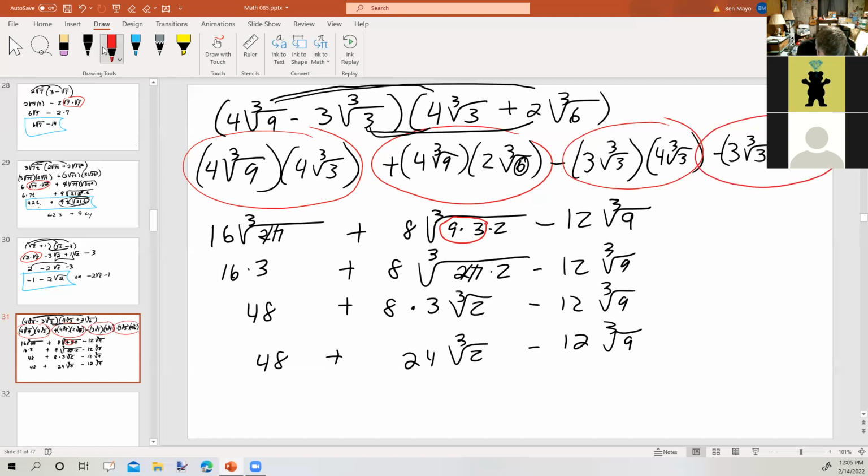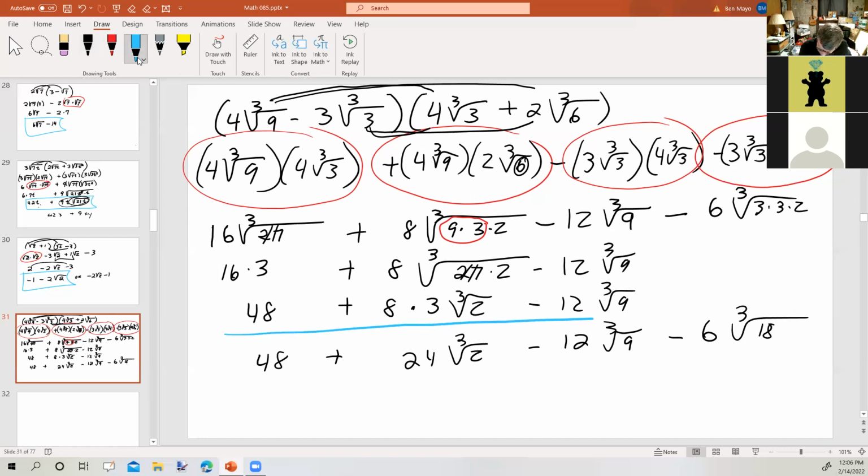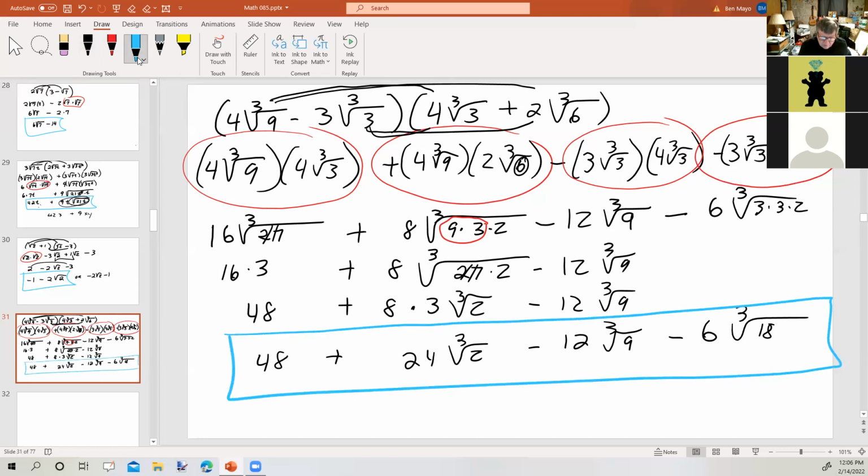Minus 3 times 2 is 6. Cube roots of 3 times 6, which is 3 times 2. That's not going anywhere either because I don't have a cube there. So that's going to be minus 6 cube roots of 18. And none of those can simplify any further to where they're like radicals. So I've got 4 different unlike expressions there.